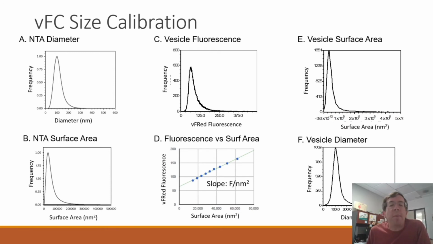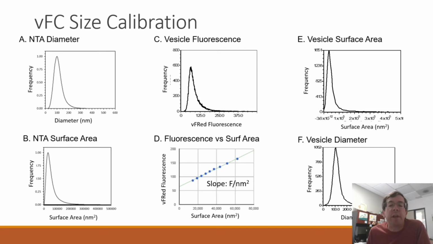And if we perform a linear regression of these two distributions, the surface area distribution from NTA and the fluorescence distribution from VFC, we find a straight line. And the slope of this line can be interpreted as the number of fluorescence units per nanometer squared of surface area.